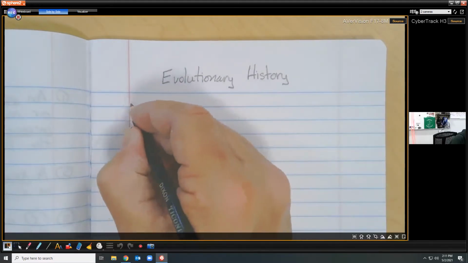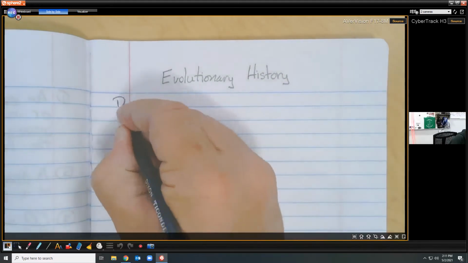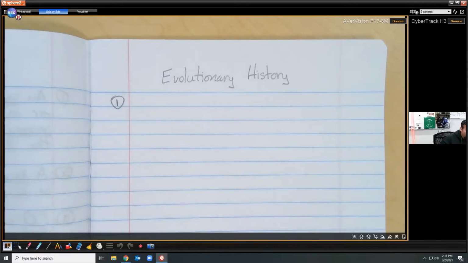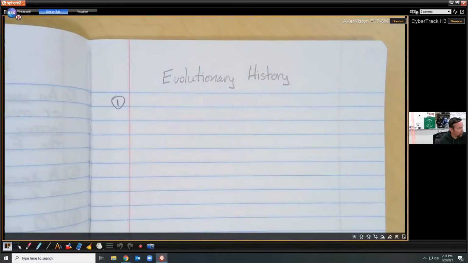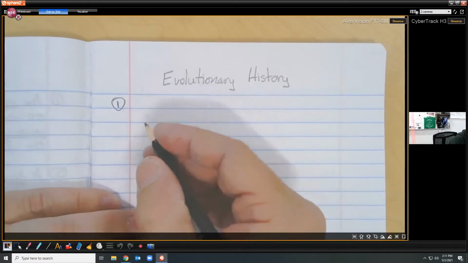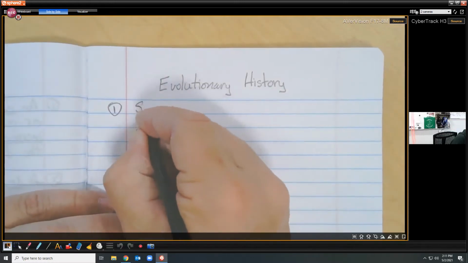So concept number 1 that we are going to be talking about is the fact that species inherit their body structures from their ancestor populations. So let's go ahead and write that statement down.